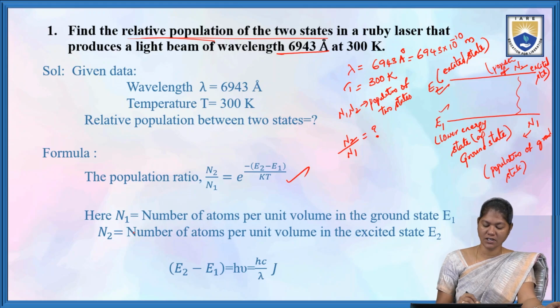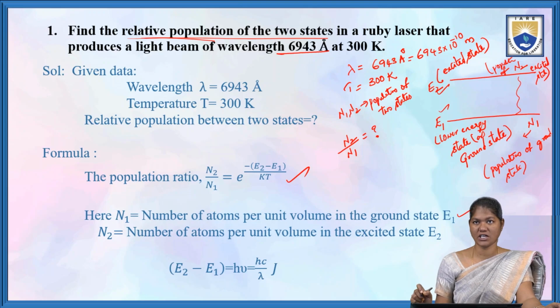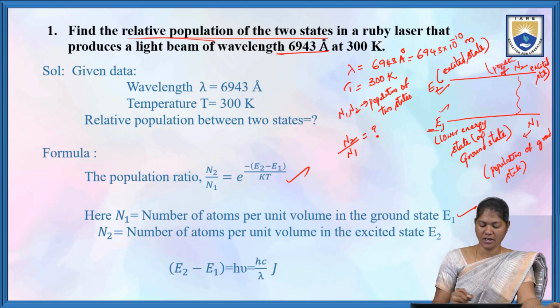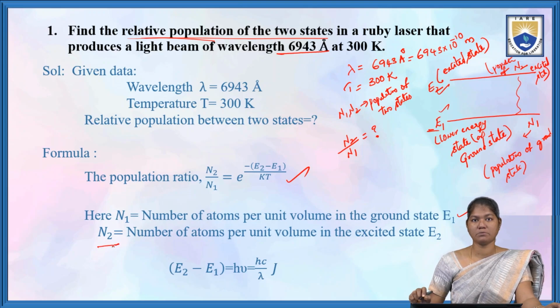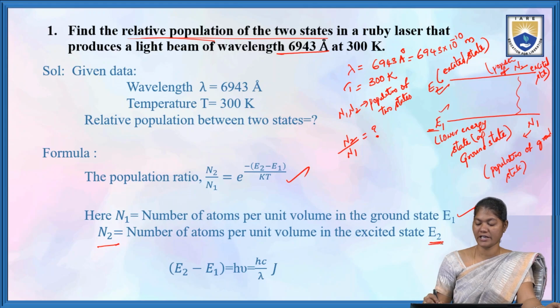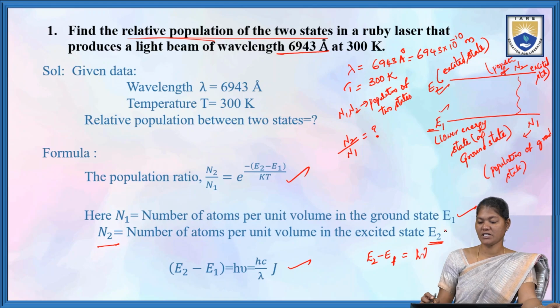Here N1 is the number of atoms per unit volume in the ground state E1, and N2 is the number of atoms per unit volume in the excited state E2. Now E2 minus E1 is equal to h nu, where nu is c by lambda. So that is the emitted photon.